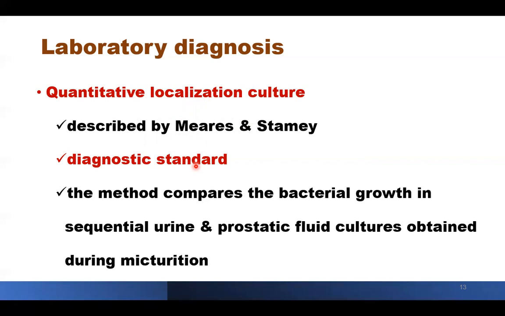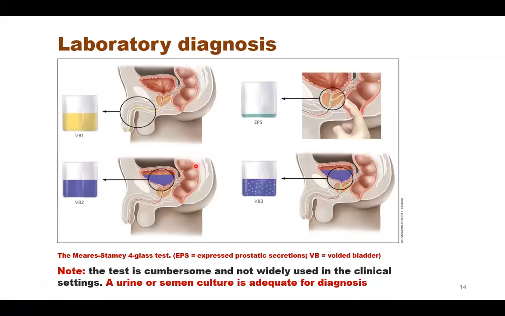Nobody has the time. So what do you do? The samples you send to the lab, you're going to send 4 glass or 4 tubes. So it's also referred to as the 4 glass test. Now, if you look at this diagram, you notice that the VB1, VB stands for voided bladder.